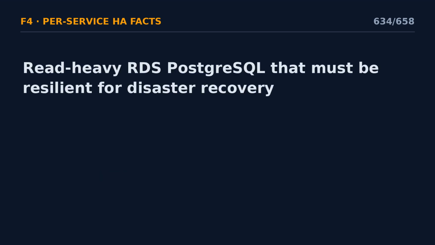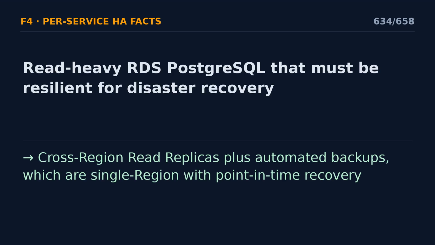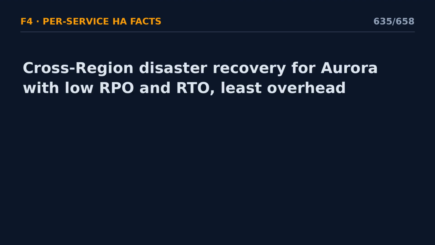Read-heavy RDS PostgreSQL that must be resilient for disaster recovery. Answer. Cross-region read replicas plus automated backups, which are single-region with point-in-time recovery. Cross-region disaster recovery for Aurora with low RPO and RTO, least overhead.